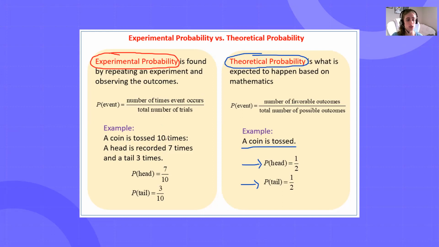So let's say you tossed a coin 10 times, heads is recorded 7, and tails is 3. That means when we set up our probability statement for heads, you flipped heads 7 times out of the 10 that you flipped it, so a 7/10 chance. And then tails was 3/10 because you flipped tails 3 times out of 10.